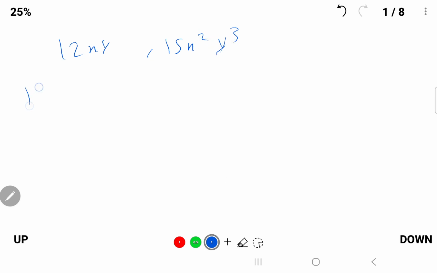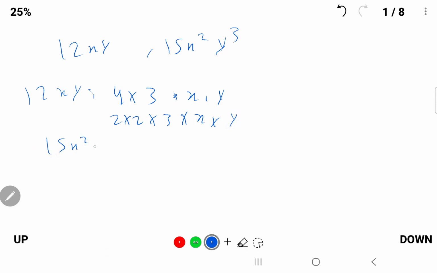So first, prime factorization. 12xy is 4 times 3 times x times y, and 4 is 2 times 2, so 2 times 2 times 3 times x times y. 15x squared y cubed is 5 times 3 times x times x times y times y times y.